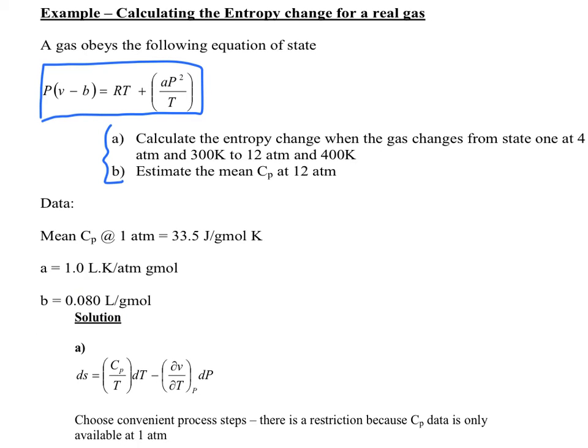The second part of the problem wants us to estimate the mean Cp value at 12 atmospheres. For a high-grade question, this would be the only question asked without prompting you to first calculate the change in entropy between the given changes in state.